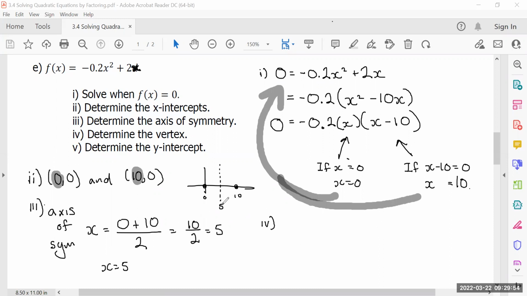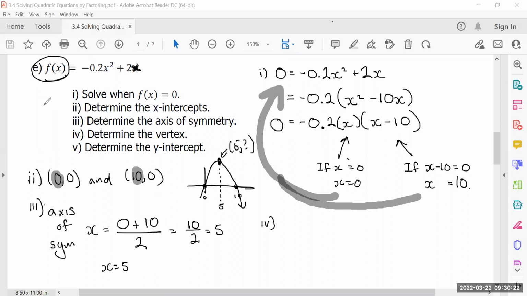Okay, now that I know this is a 5, how high does it go? What is the point of that vertex? Anyone remember how to calculate this? You know the point is going to have an x of 5, but what's the y value? Going once, going twice.